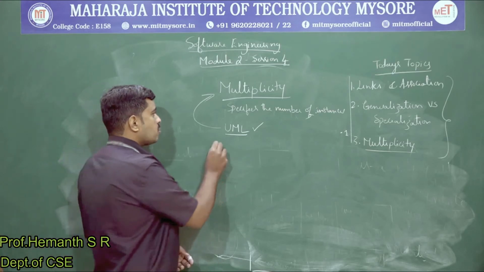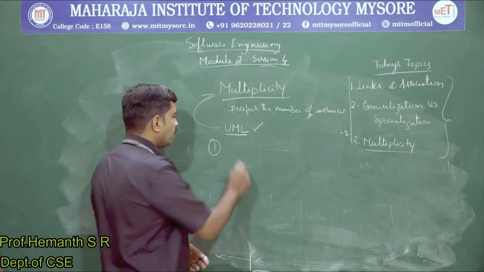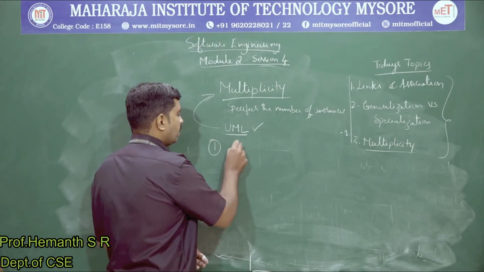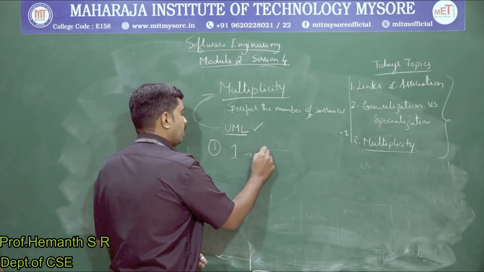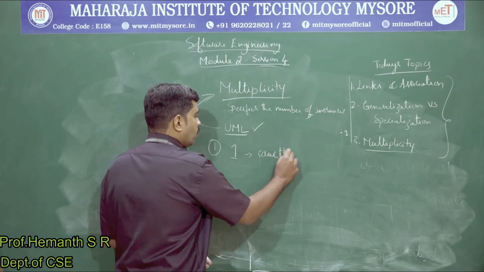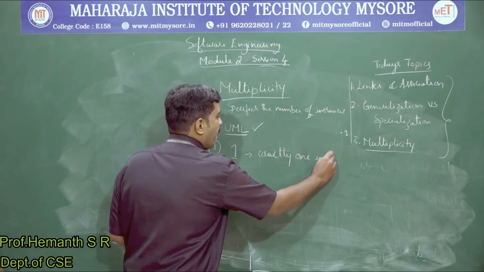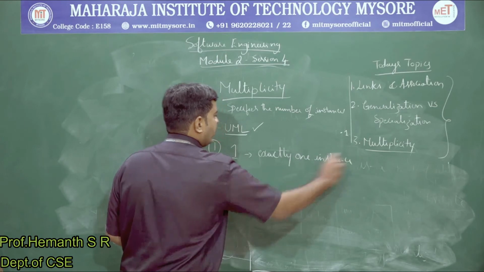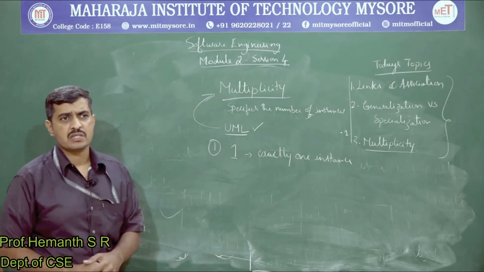Okay. So multiplicity can be 1, that is exactly one instance. So there can just be exactly one instance.